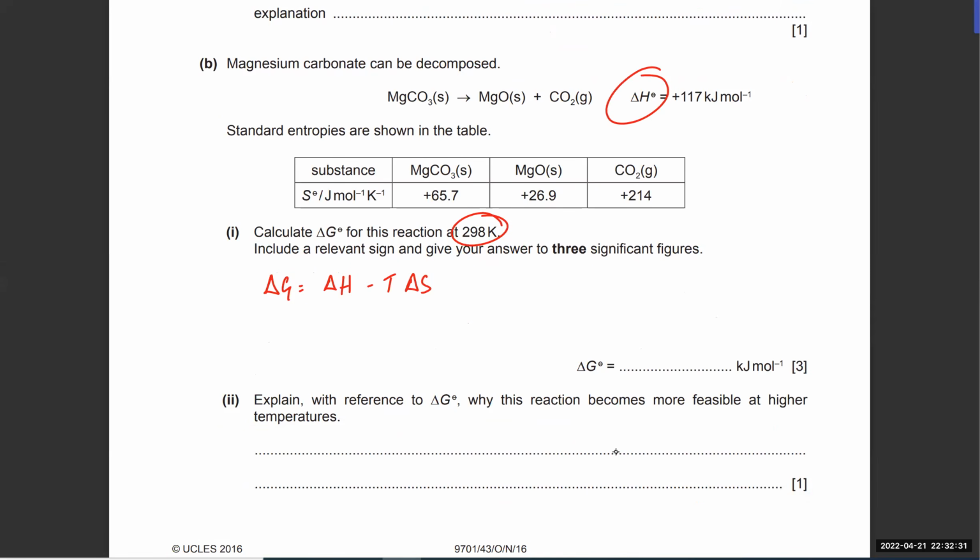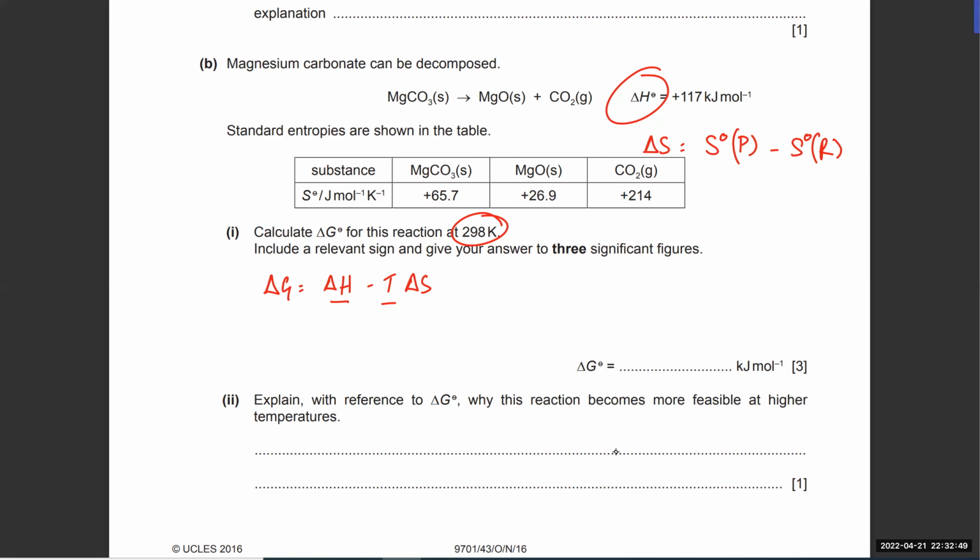What you don't know is delta S. So you have to calculate delta S first. How do you calculate delta S? Delta S is calculated using the formula: the entropy of the products minus the entropy of the reactant.